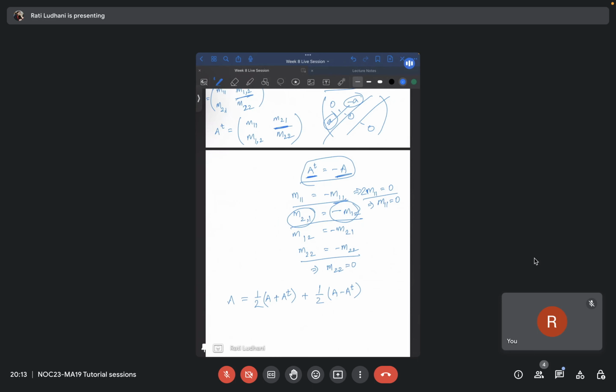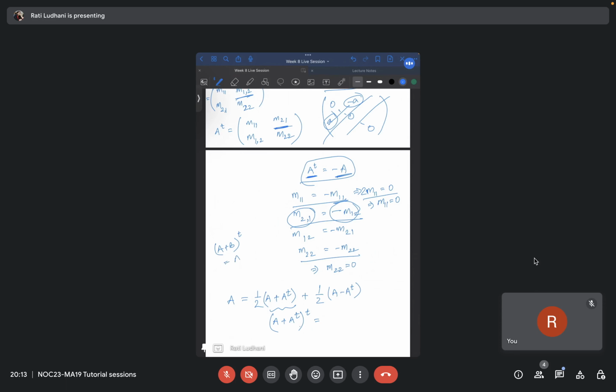So the main thing is A plus A transpose is symmetric. How can you check that? Because if you take the transpose of A plus A transpose, transpose works well with addition. That is very easy to see.